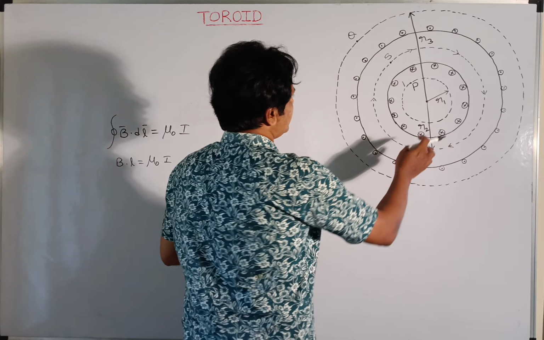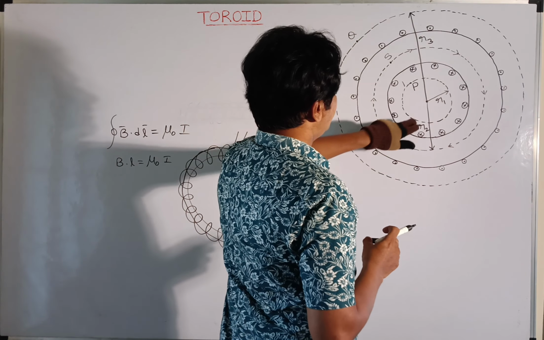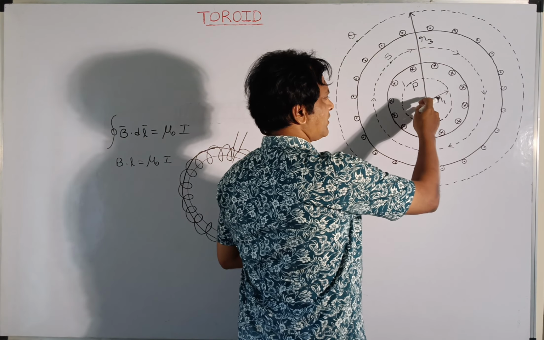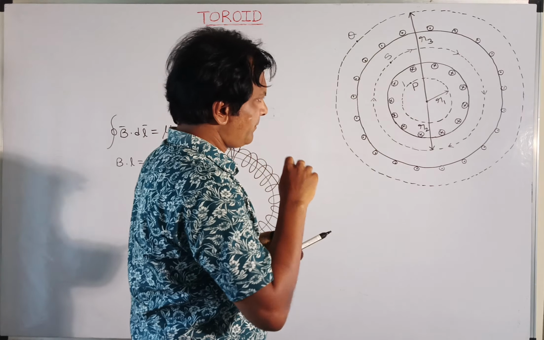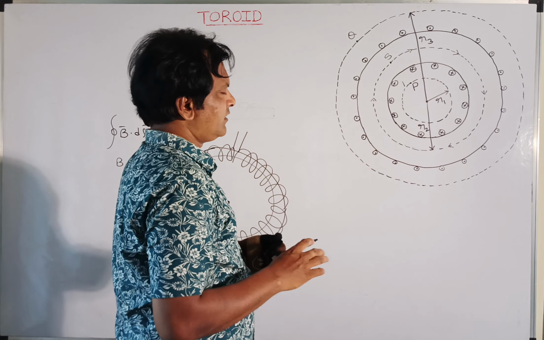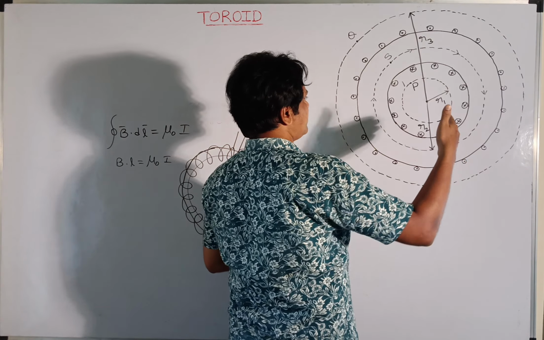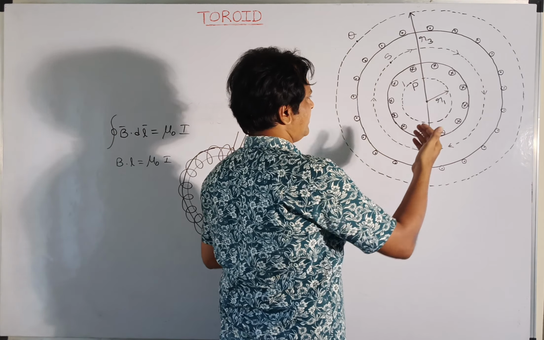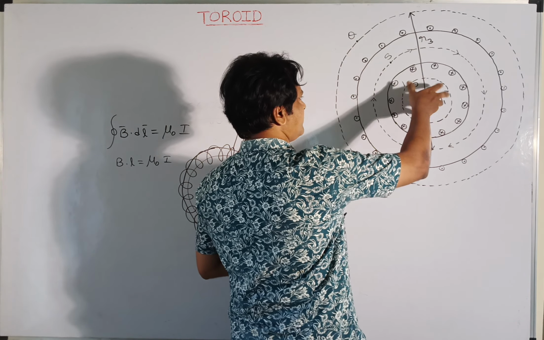In this Amperian loop, if you observe, there are no currents passing into the board or coming out of the board inside this loop. Ampere's circuital law says the magnetic field will be calculated only if the currents are passing inside the loop, whether they are coming out or in, they must be inside the boundary of this loop.